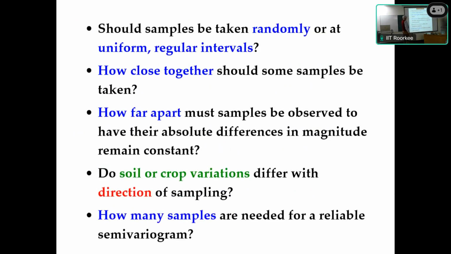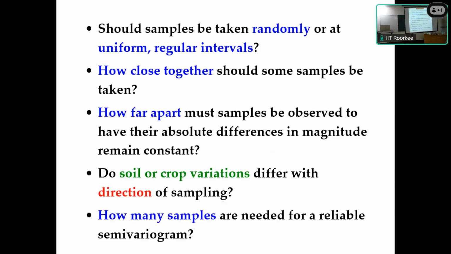We can answer questions that are very similar to those from autocorrelation. So should samples be taken randomly or at uniform regular intervals? So shall we just put out a sample at every tile and then also go in that direction?